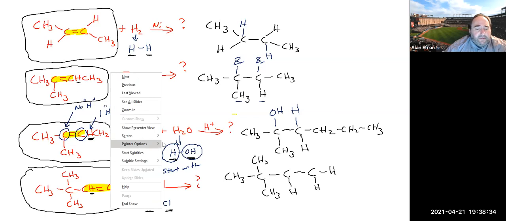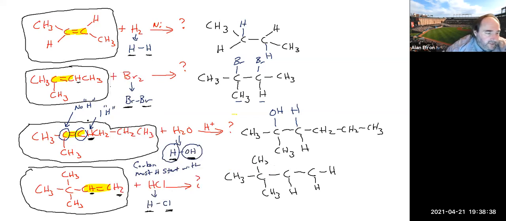Again, unsymmetrical addition. Again, we do have hydrogen involved, so we need to make our decision as to which carbon should get the hydrogen. So hopefully from the conversation we just had, you would come back here and look at this carbon and go, it's got one hydrogen attached.